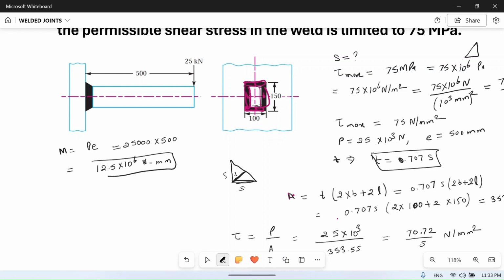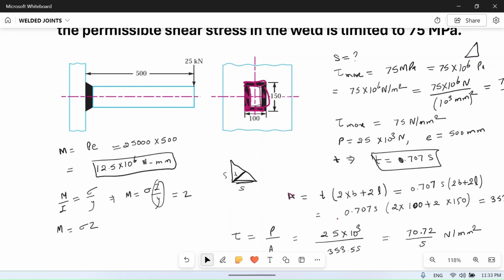So this is the bending moment. Now we have a formula, M upon I is equal to sigma upon y for bending in beams. So M will be equal to sigma I upon y. So I upon y is called section modulus Z. So M is equal to sigma into Z.